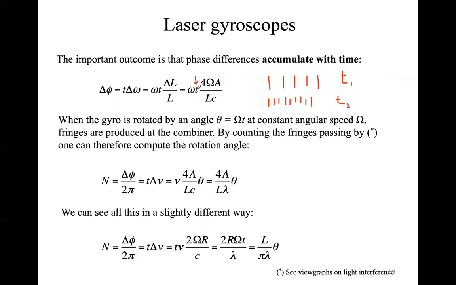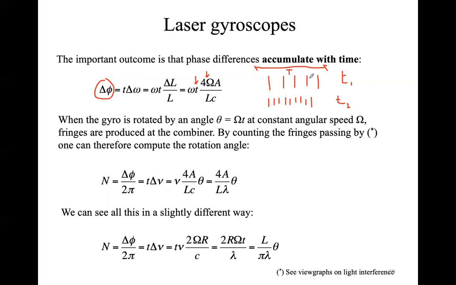Since you know at what time you're seeing that, you are able to determine omega. So how does the delta phi relate to the number of fringes? The number of these fringes in a time t, for example, let's say that is t, a reference time that could be, for example, a time related to the interference signal.